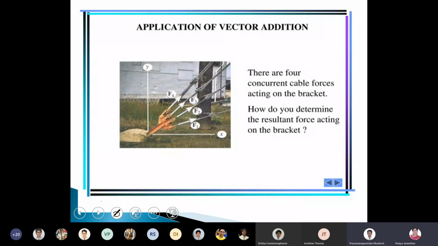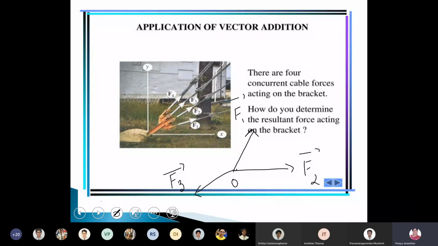Now, suppose I have forces acting on a body: F1 vector, F2 vector, and F3 vector. All these forces are acting at a common point.